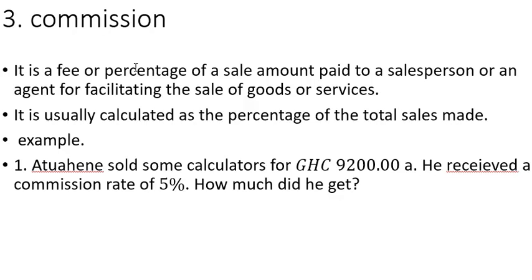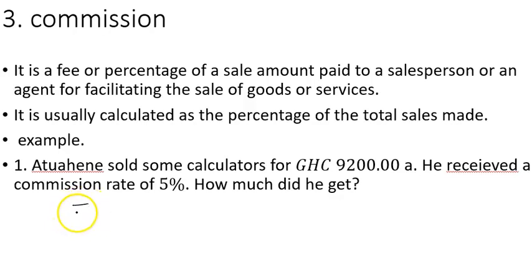Example, a Tiahene sold some calculators for 9,200 Ghana cedis. He received a commission of 5%. How much did he get? Very simple question. So the first is the commission rate is 5%.